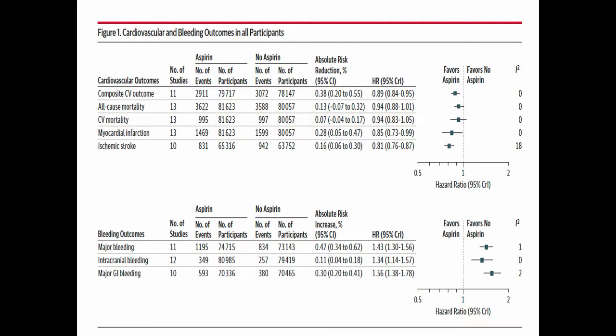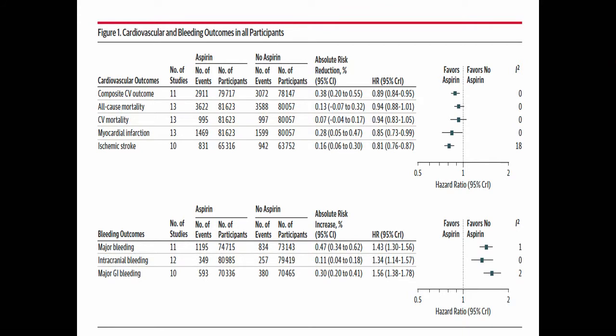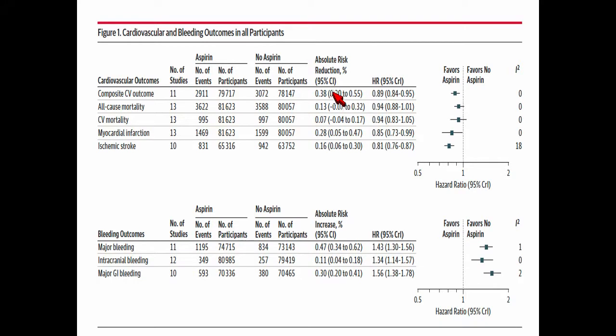When you see composite outcome, ignore it because composite outcomes are designed to find statistical significance. You want to look at individual outcomes, right? And again, they even give you the absolute risk reductions or absolute risk differences with 95% confidence interval and relative risks. So this is great. This is a great table.